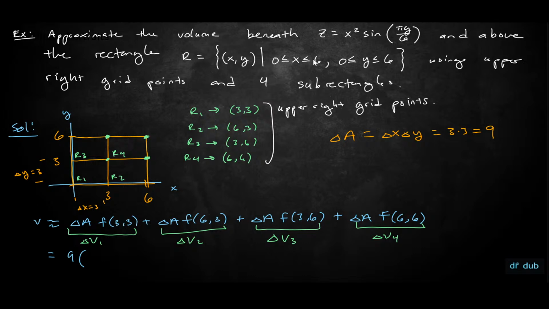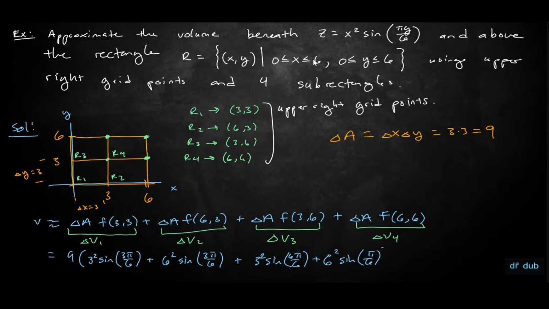So here's our function, x squared sine of pi y over 6. So 3 squared sine of 3 pi over 6 plus 6 squared sine 3 pi over 6 plus 3 squared sine 6 pi over 6 plus 6 squared sine 6 pi over 6.